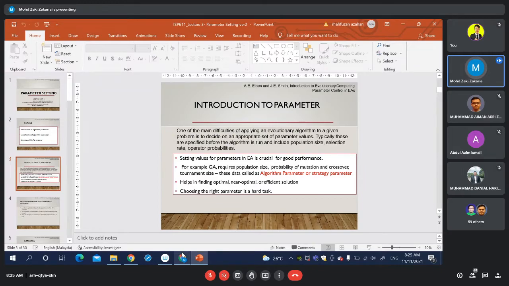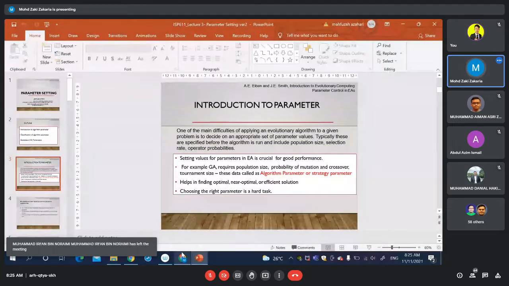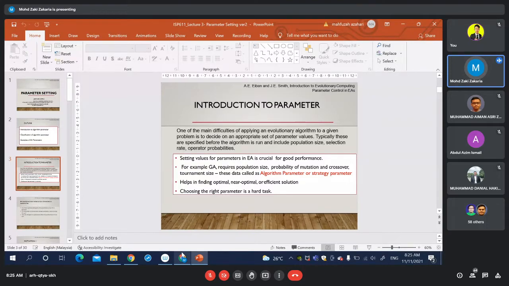And then setting a parameter helps in finding optimal, near optimal, or efficient solution. This is the main objective, to find the best efficient solution. And then choosing the right parameter is a hard task. Hard task because it is tedious work.